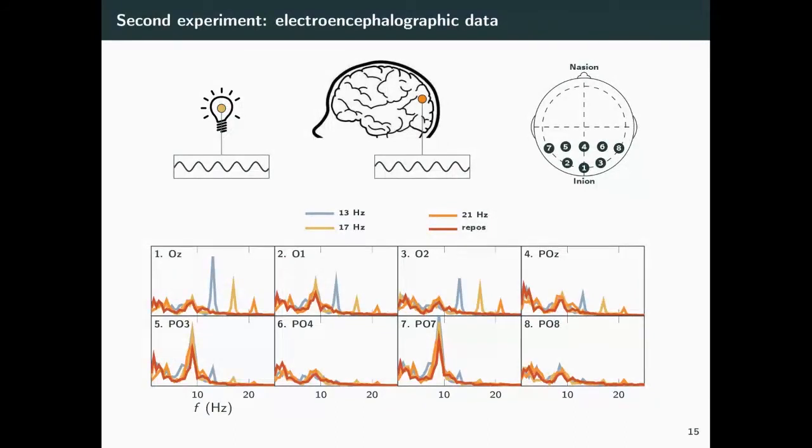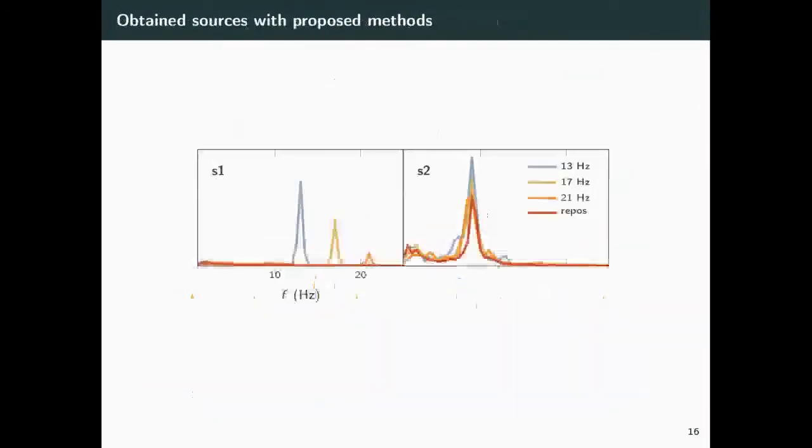Okay, so when we perform blind source separation by diagonalizing some covariance matrices of data, we obtain two very good sources which correspond to the sources that we observe in the raw data.